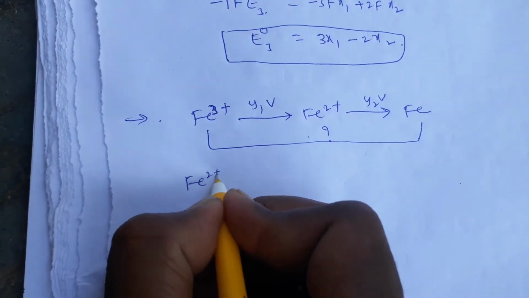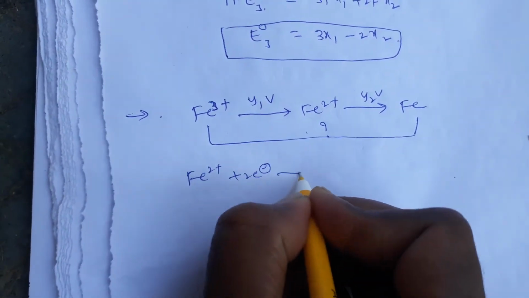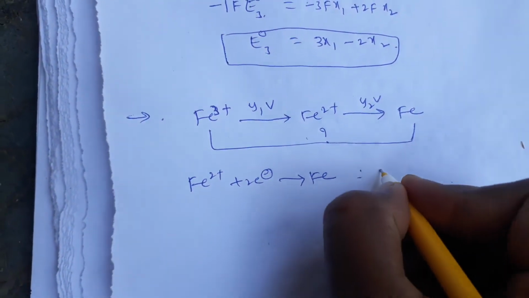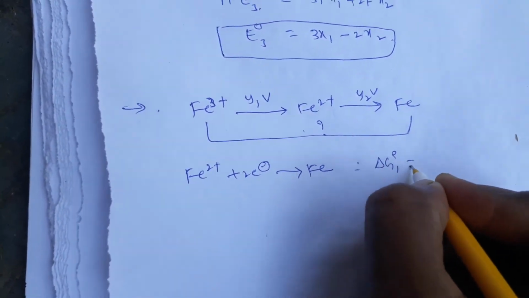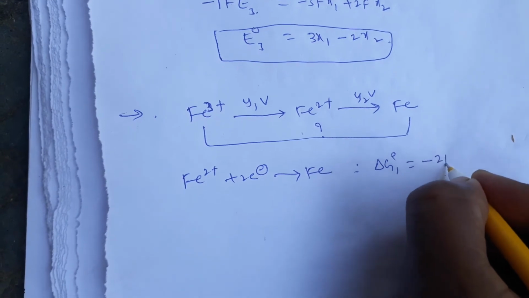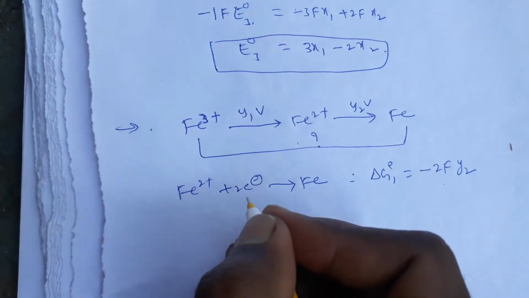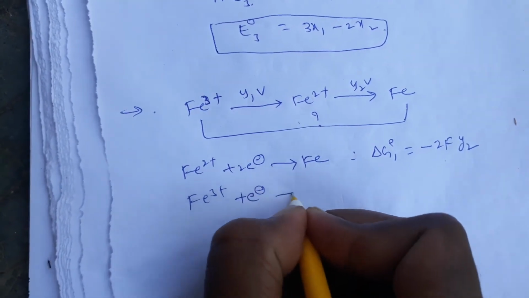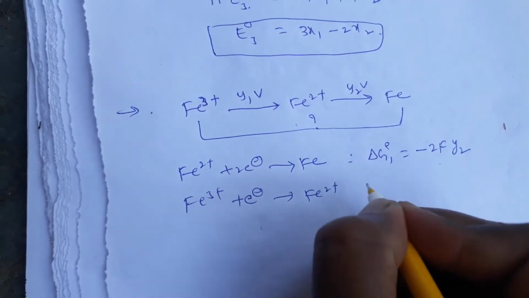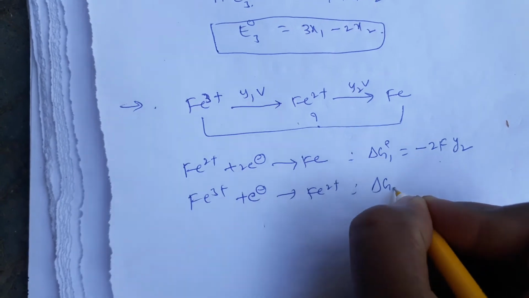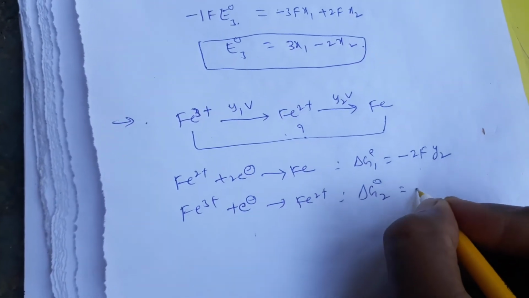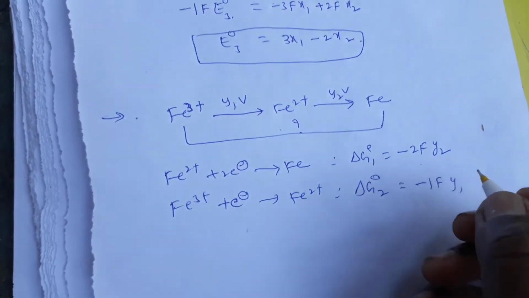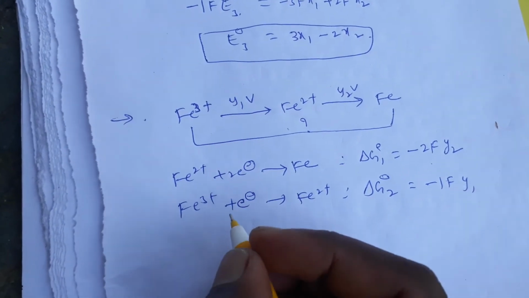First you take Fe2+ plus 2 electrons going to Fe. This one is the delta G naught 1 value, that is minus 2F Y2. And next, Fe3+ plus electron going to Fe2+, delta G2 naught is equal to minus 1F Y1.